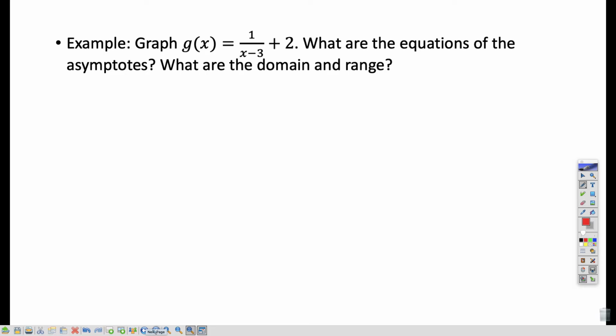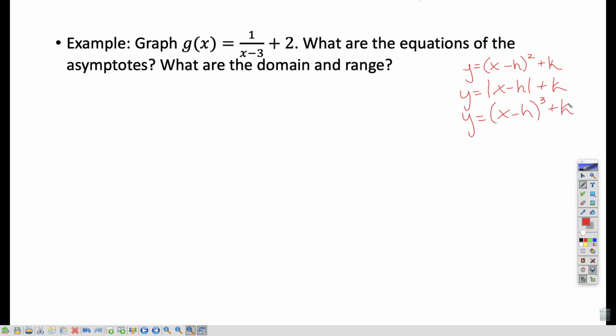Okay, so review time. Parabola: y equals x minus h squared plus k, right? Absolute value: x minus h plus k, right? Cubic: x minus h cubed plus k.